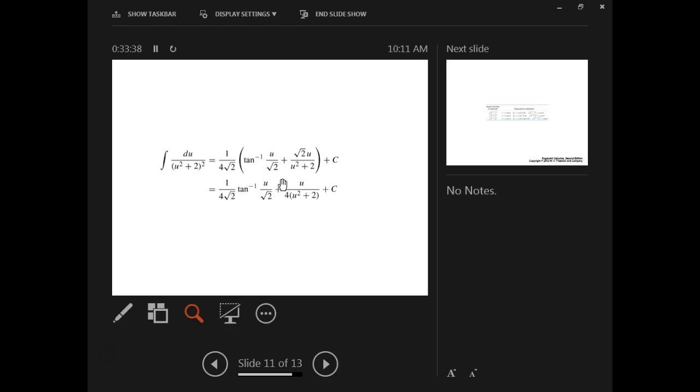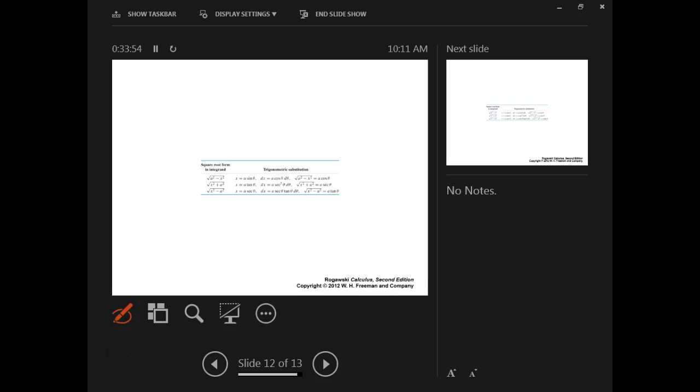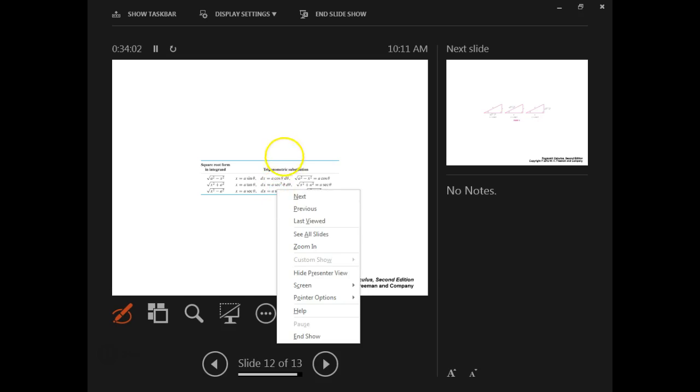Then this will be this times this, which is just like it is here, and this times that. The u's go out, the square root of 2's go out, and you're left with this plus c. And then we finally make our last substitution, and they don't show it. Okay, but we got there. All right. This is their summary. For some reason, there we go.